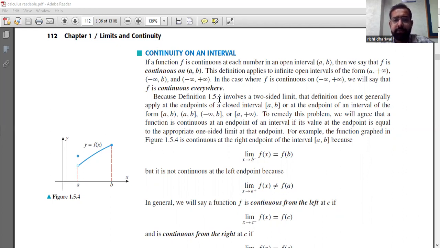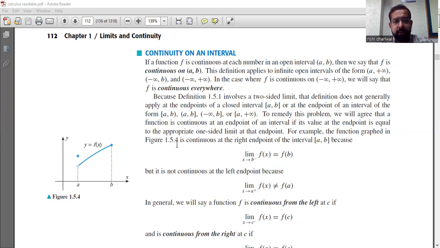Because definition 1.5.1 involves a two-sided limit, that definition does not generally apply at the endpoint of a closed interval, or at the endpoints of intervals of the form [a, b), (a, b], (-∞, b], or [a, +∞). To remove this problem, we agree that a function is continuous at an endpoint of an interval if its value at the endpoint is equal to the appropriate one-sided limit at that endpoint.